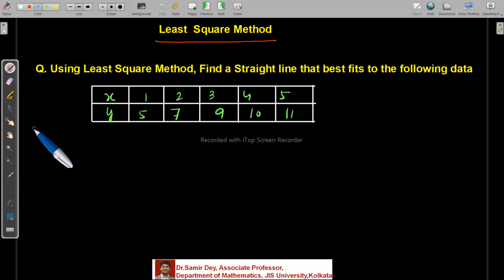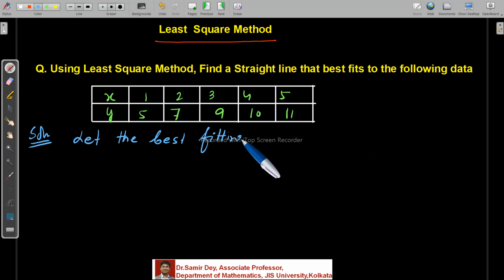Now we write down the solution. Please write down: let the best fitting line be y = a + bx.